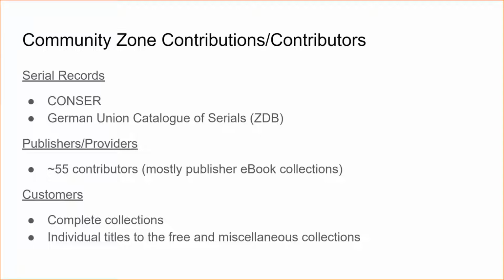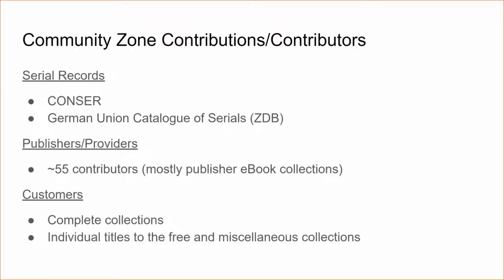The other primary source for serial records is the German Union Catalog of Serials, coming from the German National Library. There's approximately 100,000 of those in the community zone. So altogether about 250,000 records from those two sources.